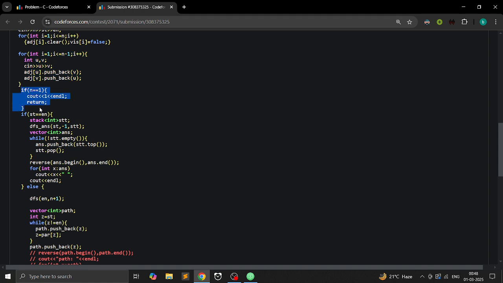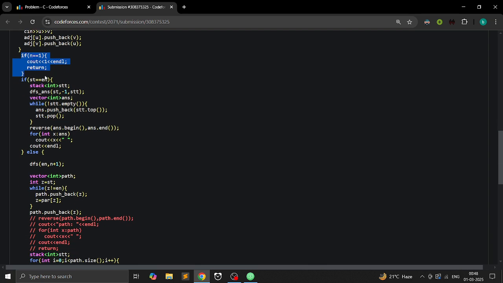If n is 1, the answer would be 1, so you don't have to do anything. If the starting node is equal to the en node, as I explained, we have to do the DFS starting with the starting or en node, and we have to maintain a stack to trace back the last node visited.